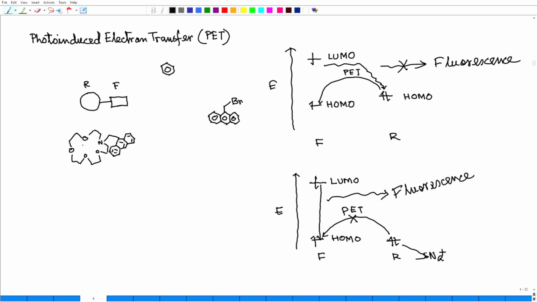Now I put in sodium, excite the system again, and I see a strong fluorescence. That means when sodium enters here, I see strong fluorescence.